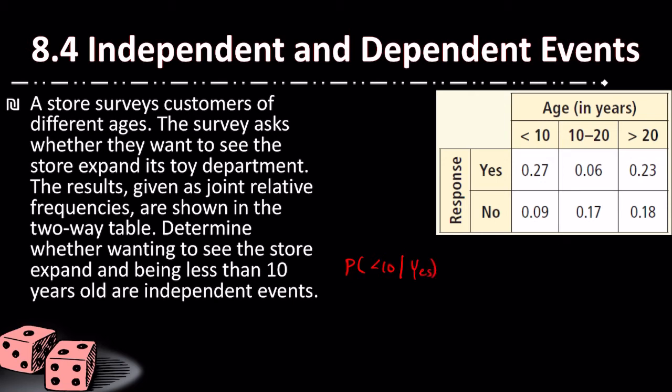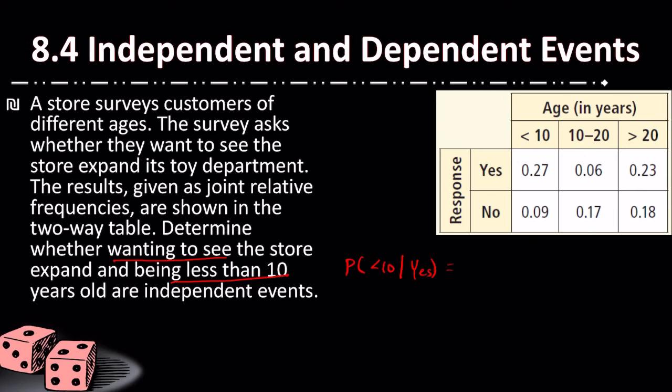All right, why would we do that? Being less than 10 and wanting to see it expand, so that's the yes, they're independent if this equals the probability of less than 10. Just thinking, kids probably want the toy department expanded, so it's likely not.